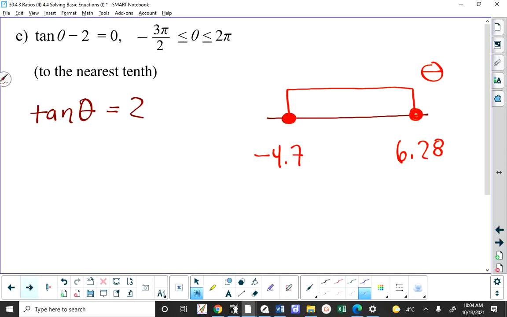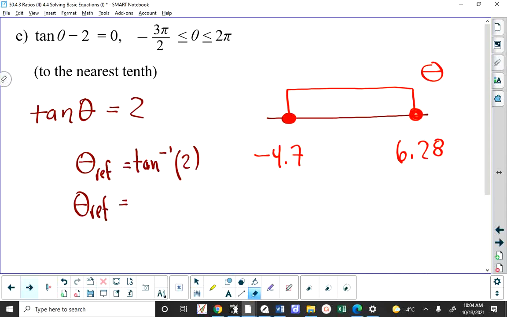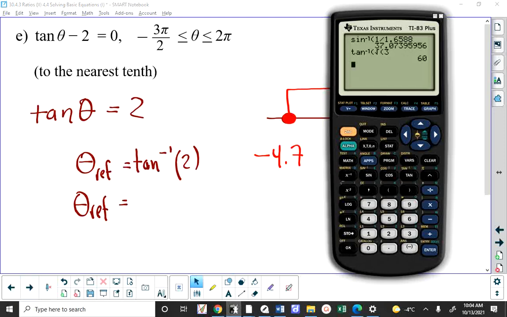And we're going to find the reference angle. This will be the inverse tangent of the number 2. So the reference angle is inverse tan of 2, which gives me 1.1 radians. Okay.